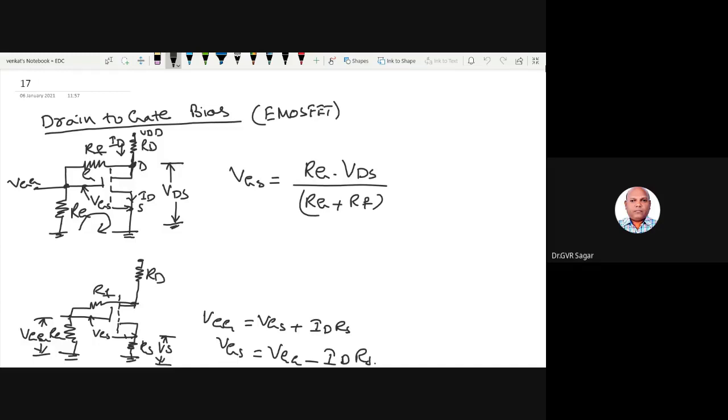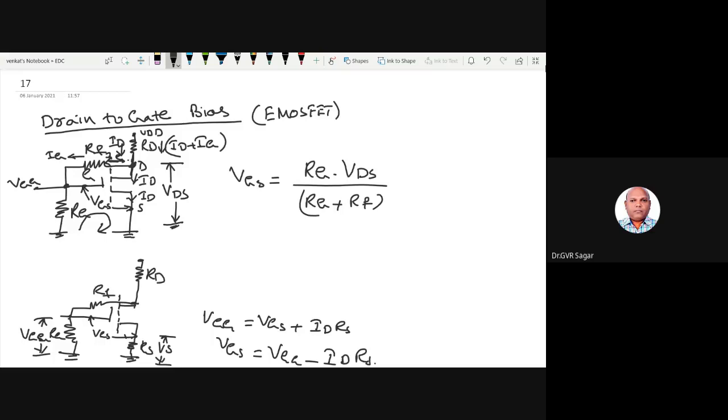So the current flowing through this is ID plus IG. The current going this way becomes ID, and the current going that way becomes IG. You can treat it like that also. The current flowing through this is IG.